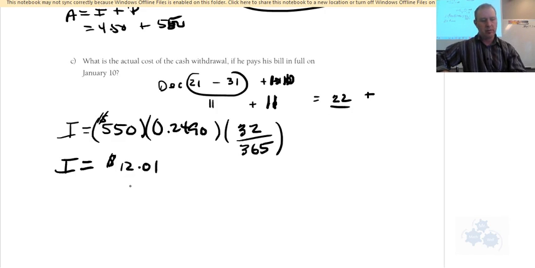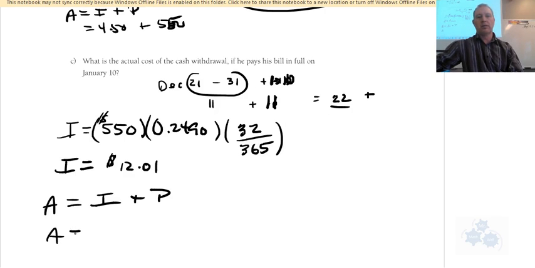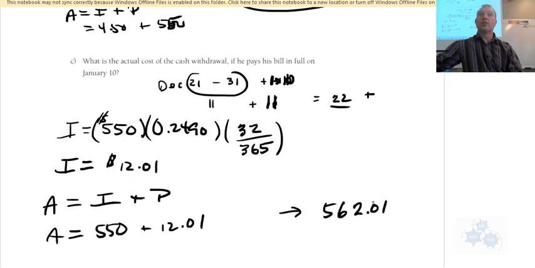I used more. I did 32 divided by 365, before I did the whole equation. Yeah, it should be 12.01, I think. Just double check that. So the total then is I plus P. So the total is going to be 550 plus 12.01, which is 562. Did you figure out what you did? Yeah, I did 350. Okay.